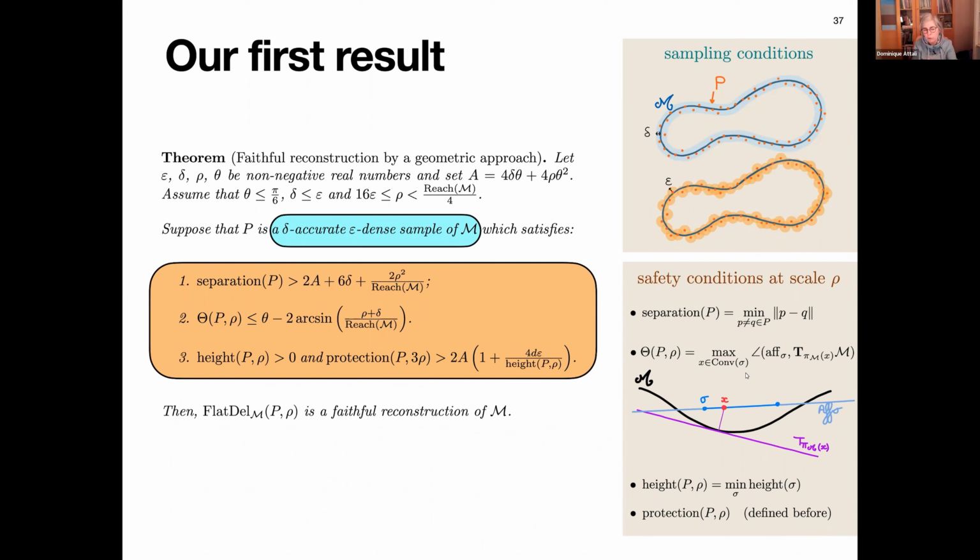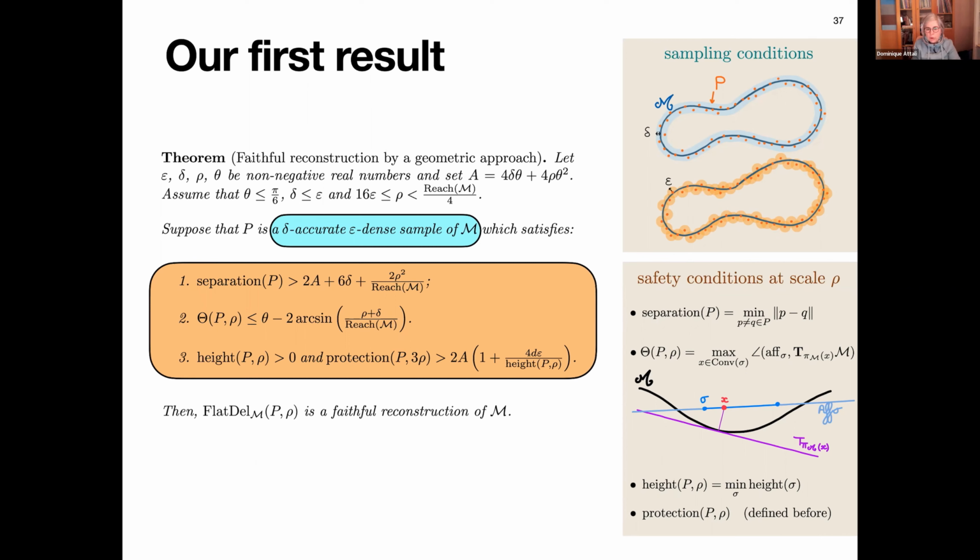You also have to control the angle that d-simplices make with the manifold, the height of the d-dimensional simplices, and also you have to lower bound the protection that I've just introduced before. Okay.